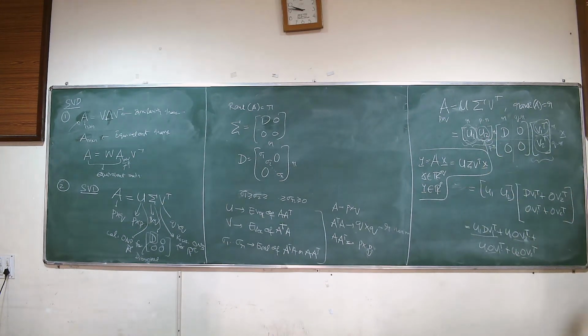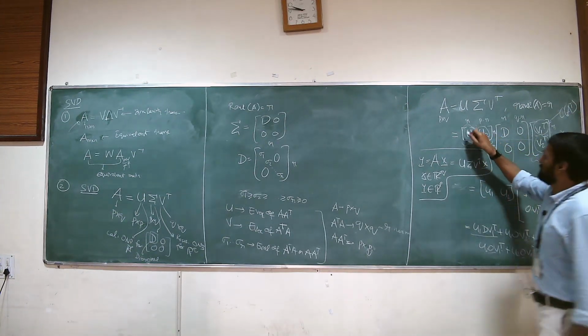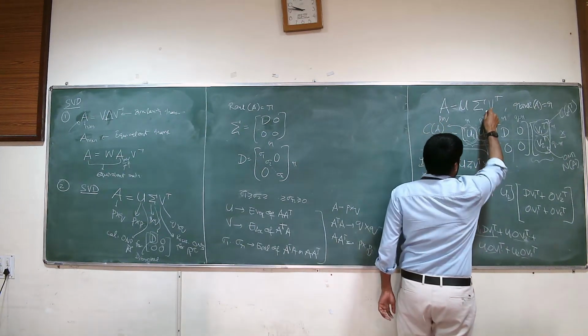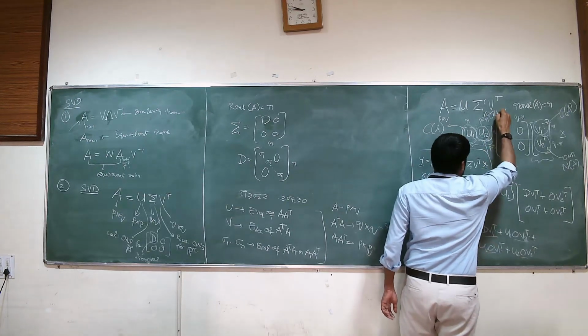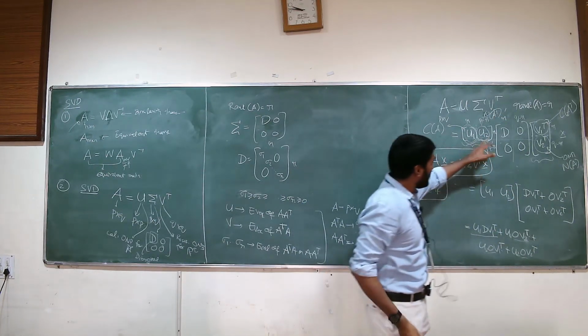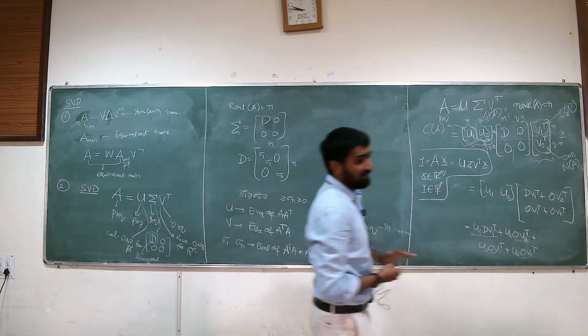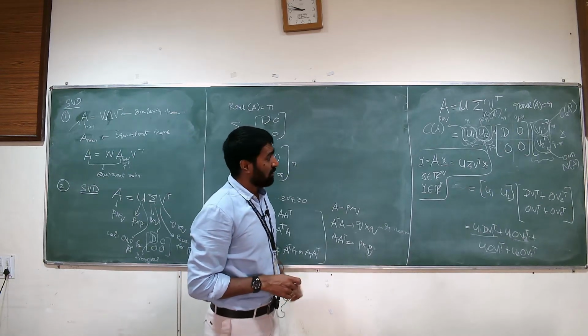These Q minus R rows form an orthonormal basis for the null space of A. These form an orthonormal basis for the row space of A. U1 forms an orthonormal basis for the column space of A. That's the interpretation of the columns of U and the rows of V transpose, or columns of V.